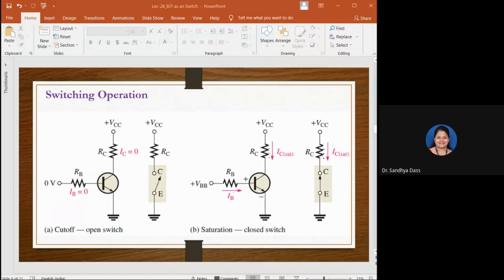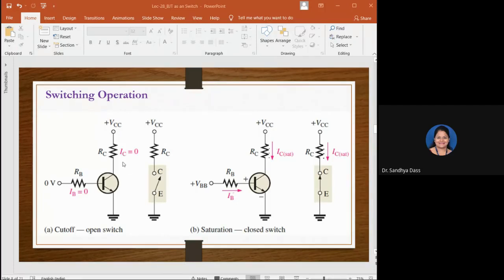If the transistor is used in the cutoff region, where both the base emitter and collector base junctions are reverse biased, then we can use the BJT as an open switch. That means it is operating in the cutoff region.